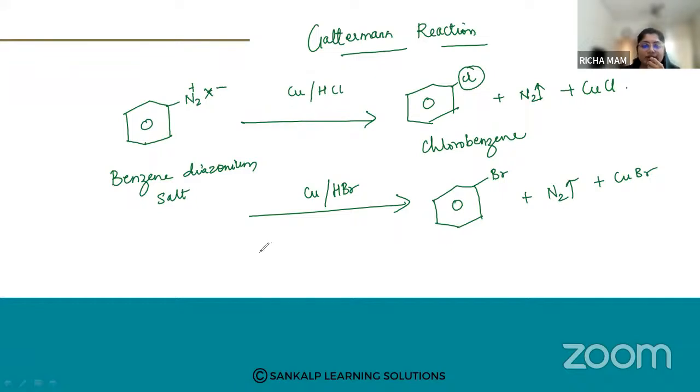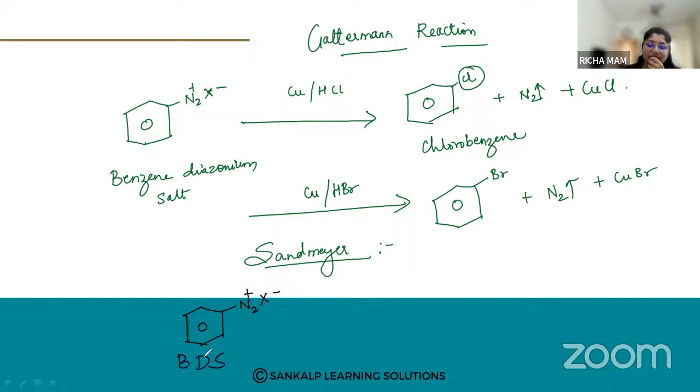Now let me explain you here only about Sandmeyer's if you are getting confused. In Sandmeyer's reaction, what are we doing? Here also we are taking N2+ X-, again the benzene diazonium salt, let me take it as BDS.